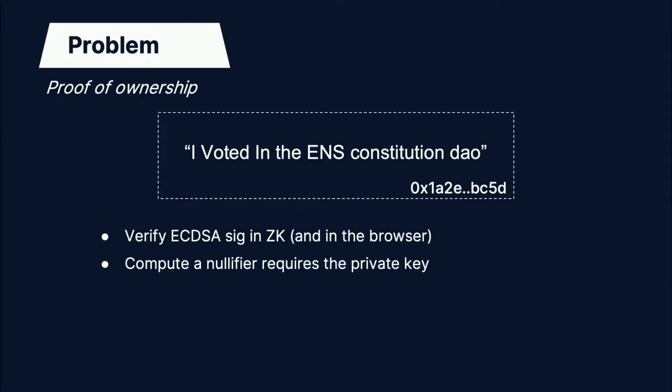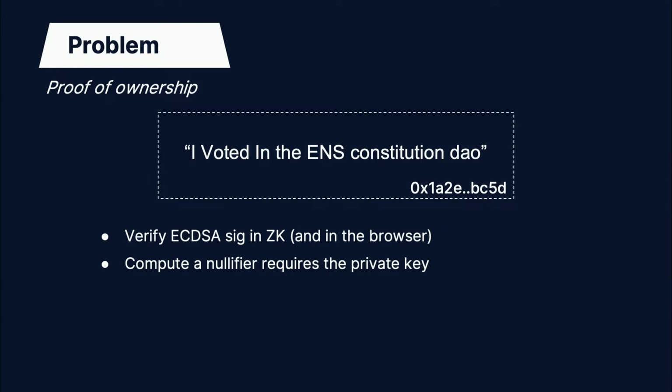So, the main problem for this attestation is the proof of ownership. When we say I voted in the ENS Constitution DAO, that means I own an Ethereum address, and this Ethereum address is part of a group of all addresses that voted in the ENS Constitution DAO.